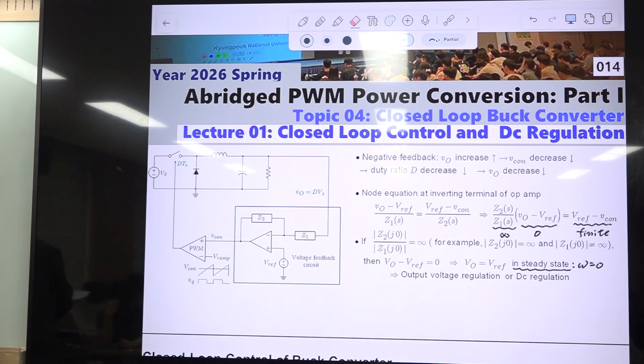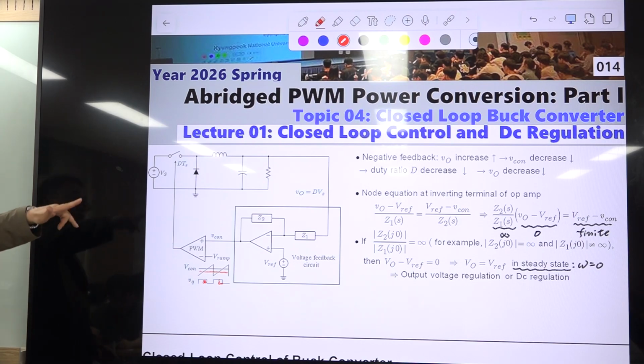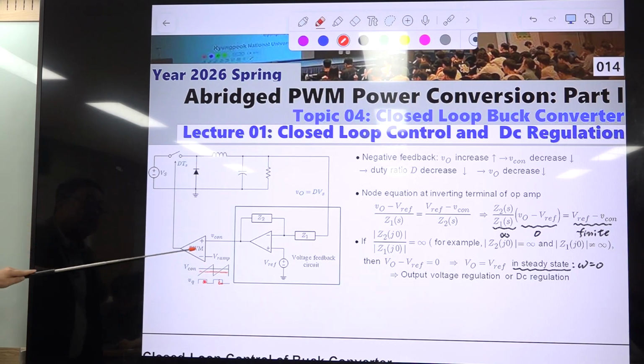The control voltage is changing, so this duty ratio will be changed. This is called closed loop control. There is a functional connection between the output voltage and the duty ratio of this active switch. Because of that, it's closed loop control.